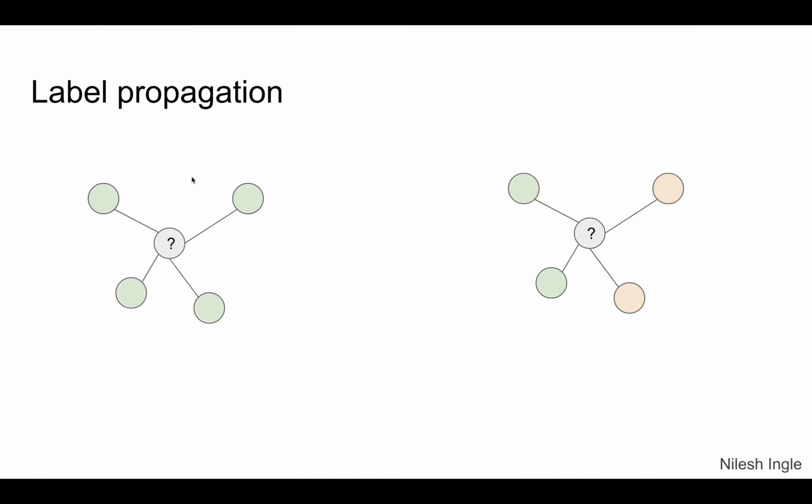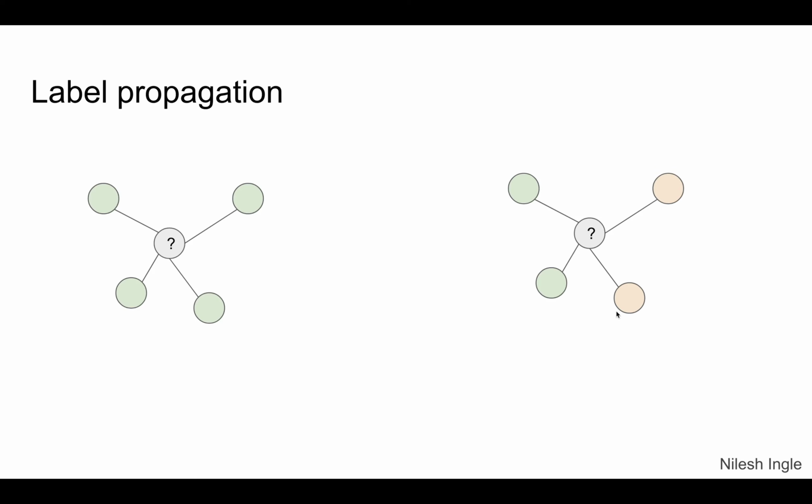So let's say we have a set on the left hand side here, with 4 green data points, and the point in the center is the one which is unlabeled, for which we need to find the label. If you think intuitively, you'll right away think that it probably belongs to the green class, because all the surrounding connections to that data point are green. Whereas on the right hand side, if you look at this point, again it is in the center, it's the same structure, but 2 of the points on the right hand side are orange.